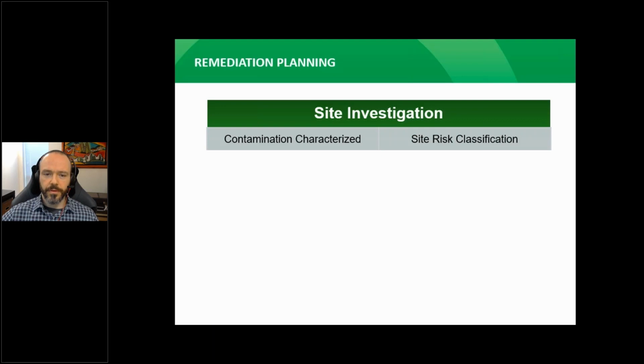In general, the site's risk classification will also be confirmed as part of the site investigation process. Therefore, the parties will know if the site is classified as high risk or non-high risk. The regulatory path differs for applications at high-risk sites and non-high-risk sites, which have impacts on timelines and costs associated with the remediation program. Next, please.